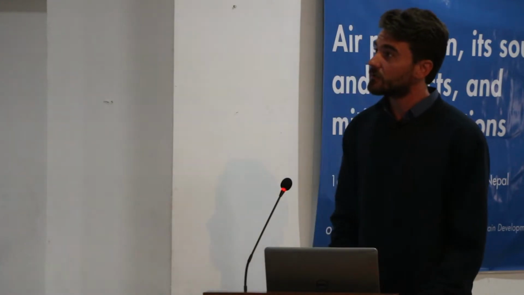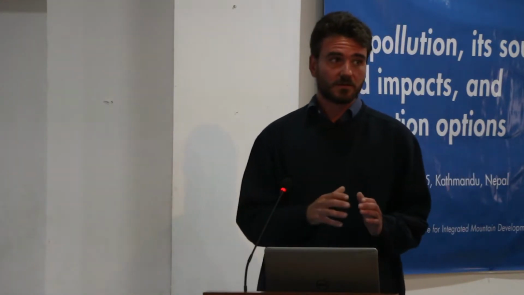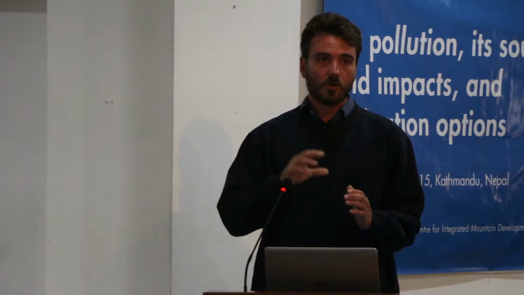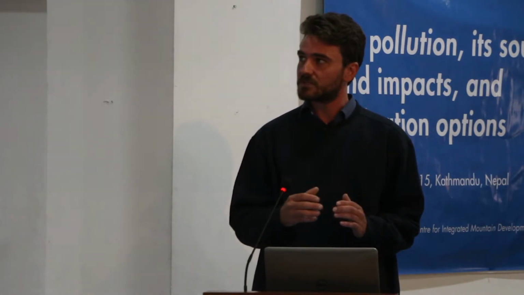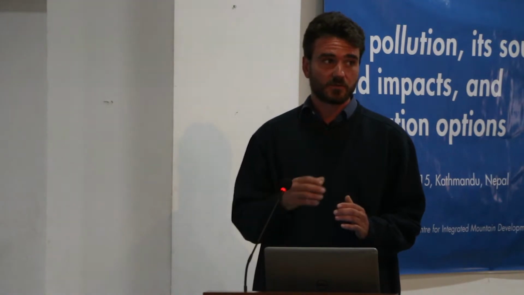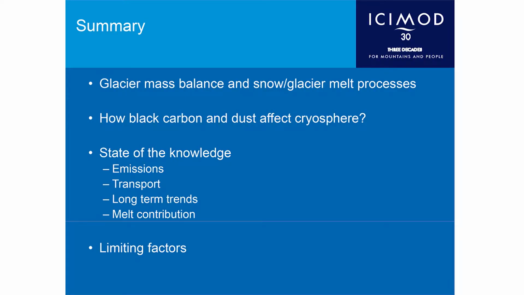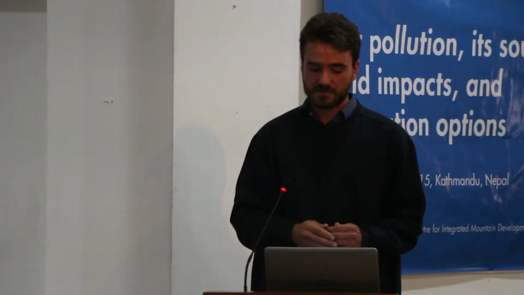So, a short summary. I will start by explaining a little bit how the dust is impacting the glaciers. I will have to explain a little bit about the processes of glacier mass balance and the melt process of the snow and the ice. Then I can explain how the black carbon and the dust will affect the cryosphere.